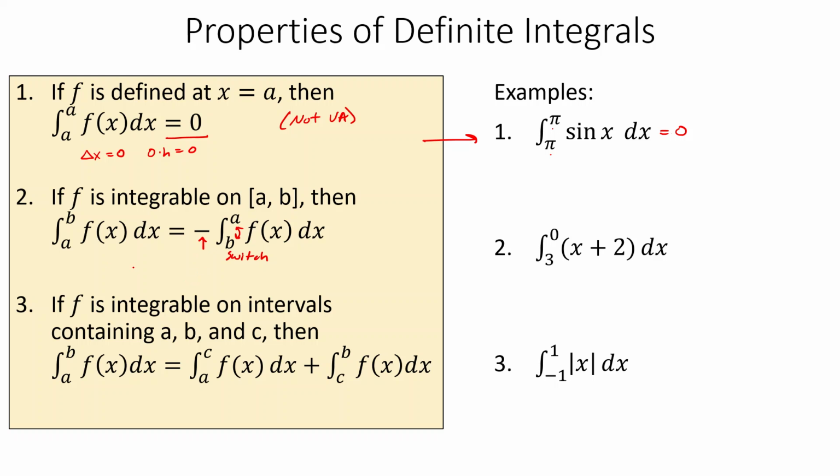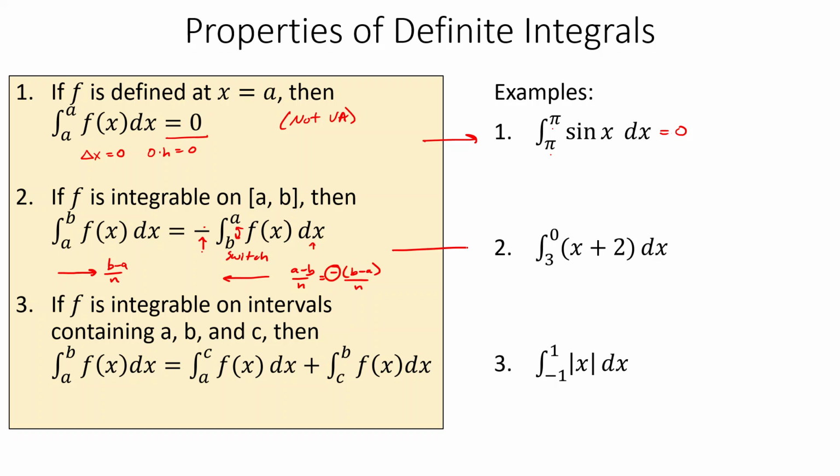If we're integrating backwards, it basically changes the sign of our delta x, and we bring that sign out front. Because this would be b minus a over n, and this would be a minus b over n. They're going to have different signs. This is the same thing as negative b minus a over n. See how we get the extra negative sign? That's where this negative sign is coming from.